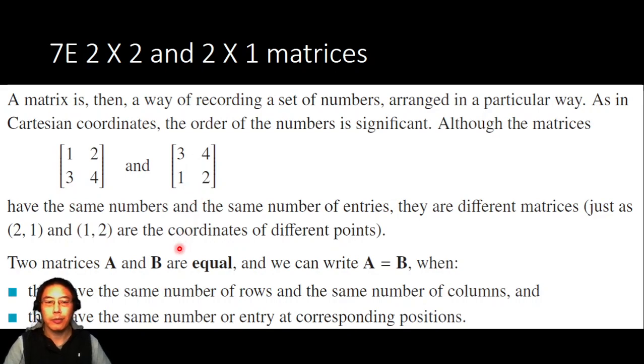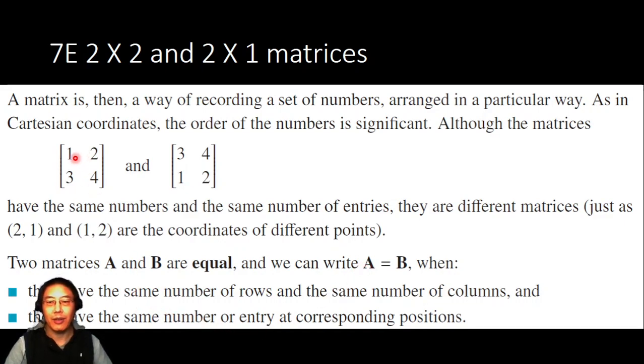Alright, so notice those two matrices, the 2 by 2, the entries are slightly different. So what it means is they are different matrices. For two matrices A and B to be equal, and we write it as A equals B, notice they are bolded, but make sure you use uppercase or capital letters.